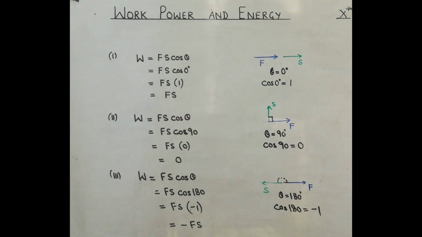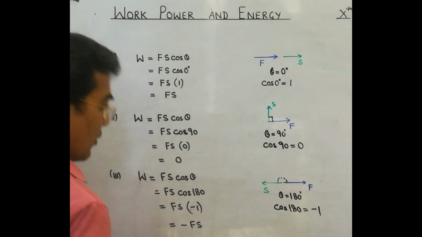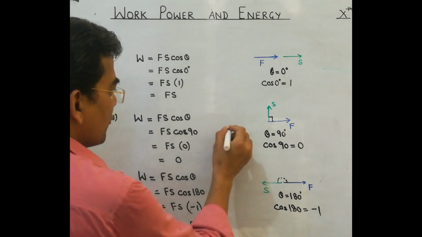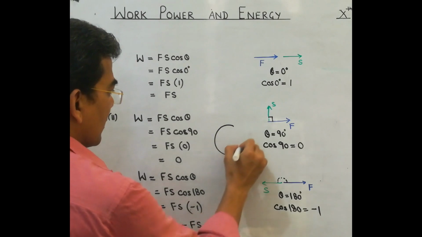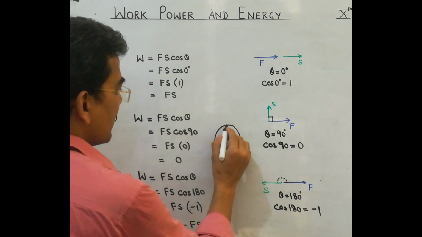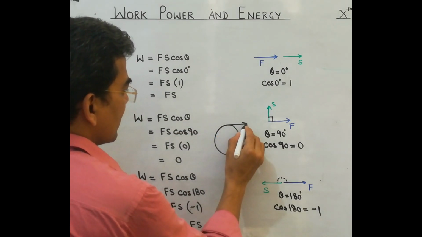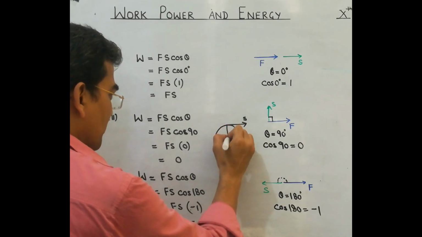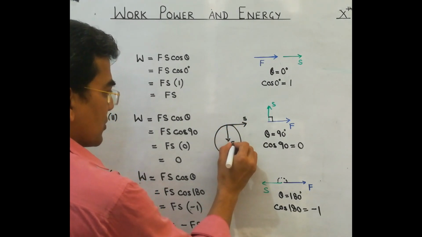In case 2, we have taken the example of a body moving on a circular path. You see here, if a body moves on a circular path, at any instant, suppose this will be the direction of displacement. At the same time, this will be the direction of force.